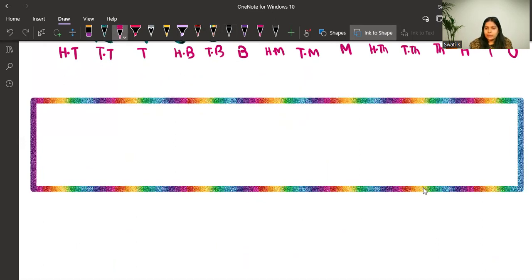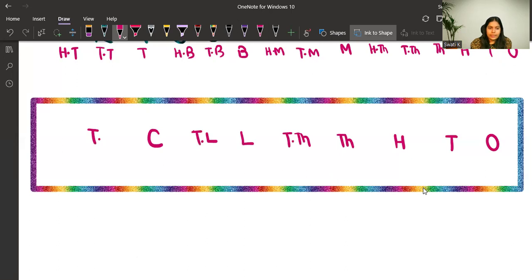I'll directly write down the place values: ones, tens. I hope you understand O is ones, T is tens. So ones, tens, hundreds, thousands, 10,000. This is Indian place value. So lakh, 10 lakh, crore, 10 crore.